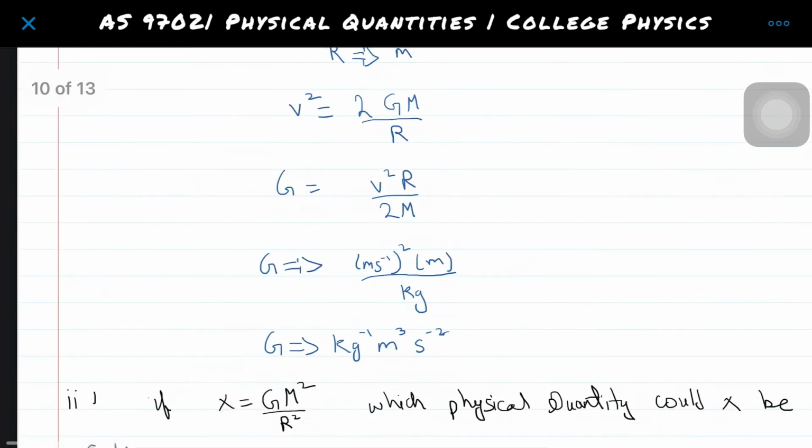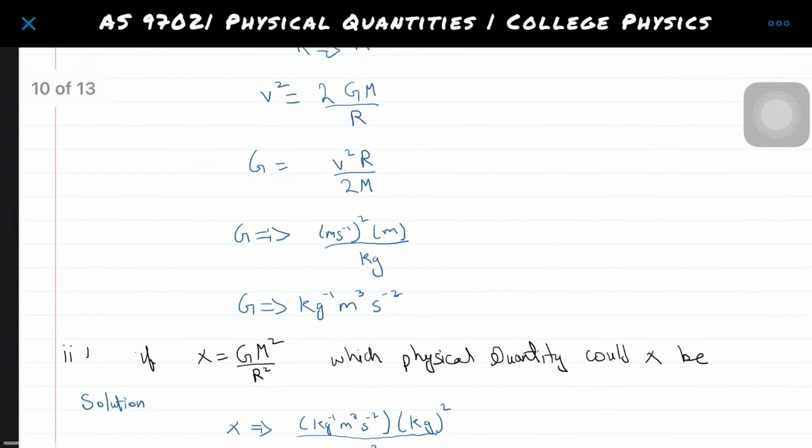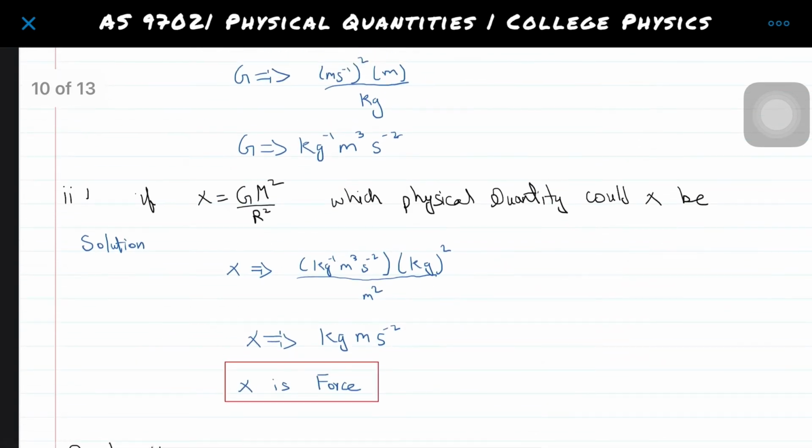Moving on to the next part, it says if x is equal to Gm square upon r square, which physical quantity could x be? Now, since we already know the base units of G, which were kg minus 1 m cube s minus 2, we'll substitute it in the equation we've been given in part 2. So instead of G, we'll write kg minus 1 m cube s minus 2. Instead of m square, we'll write kg square, and instead of r square, we'll write meter square.